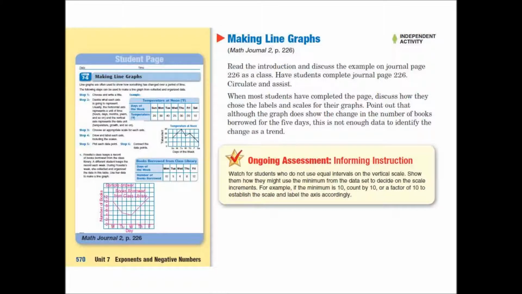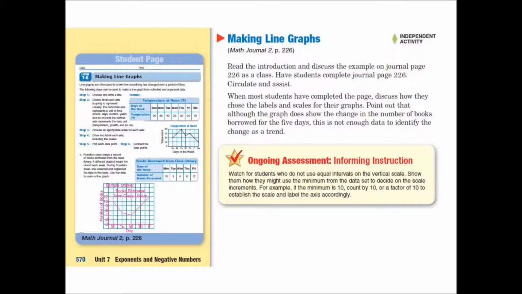Even the most novice substitute should be successful in the classroom if they follow along with the verbiage provided in the teacher's manual. You can see the next section of the lesson is making line graphs. It clearly states, read the introduction and discuss the example on journal page 226 as a class.